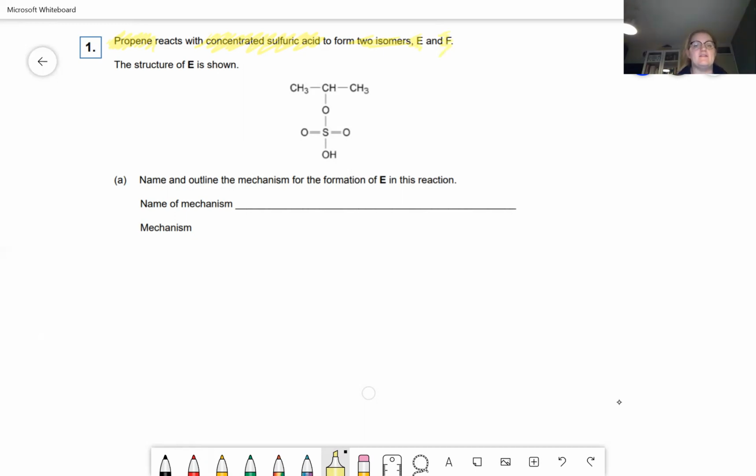Name and outline the mechanism for the formation of E in this reaction. Well, we know that propene, when it reacts with concentrated sulfuric acid, is going to undergo electrophilic addition because concentrated sulfuric acid is an electrophile. So the mechanism is electrophilic addition.